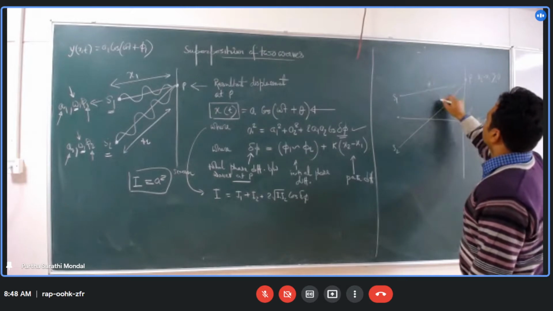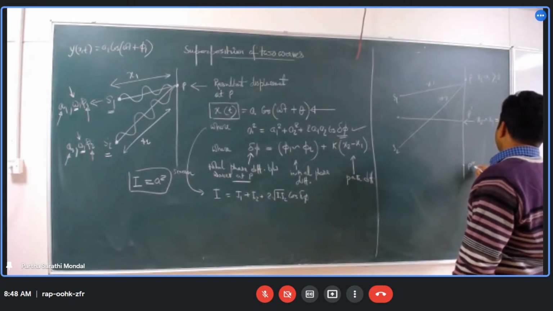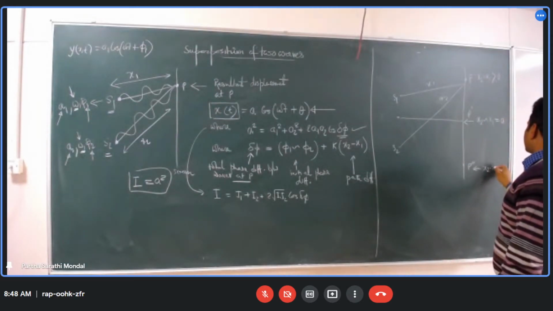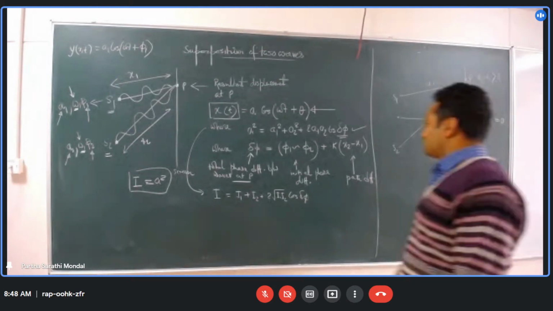This is x1, this is x2. Similarly, if I take a point here, P double dot, x2 minus x1 is less than 0. So that means this part, the phase difference.